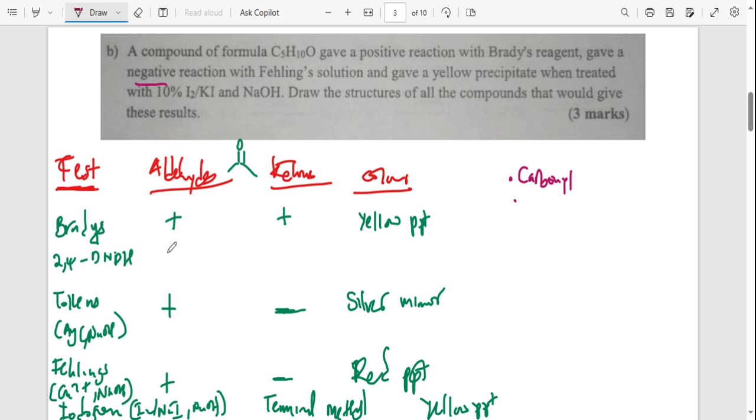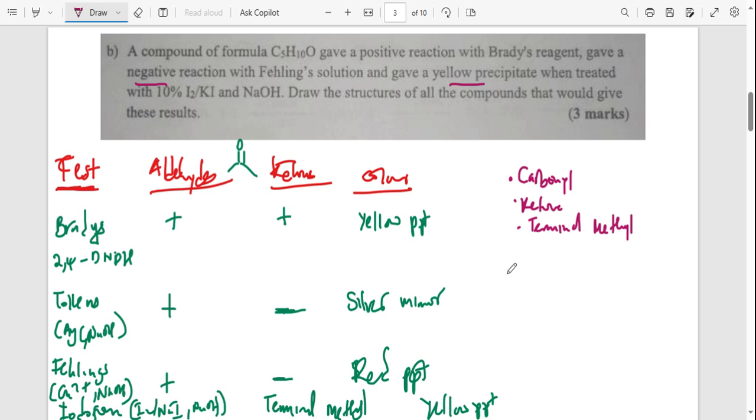That means it wasn't an aldehyde, meaning it is a ketone. It gave a yellow precipitate when treated with iodine and potassium iodide. So that means it has a terminal methyl, because that is an iodoform test. Draw the structures of all the compounds that would give these results.